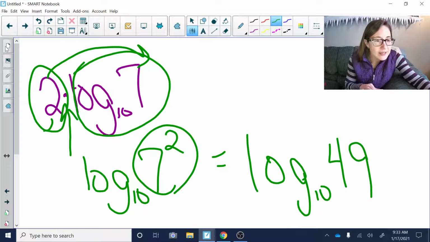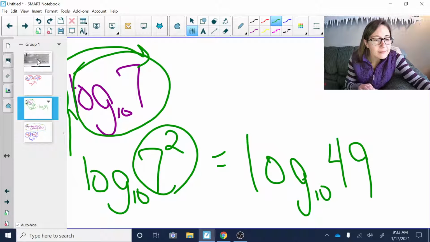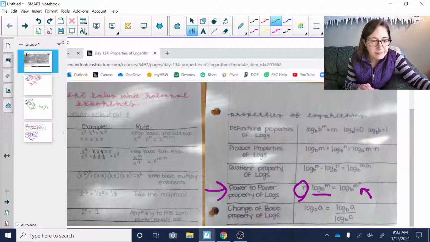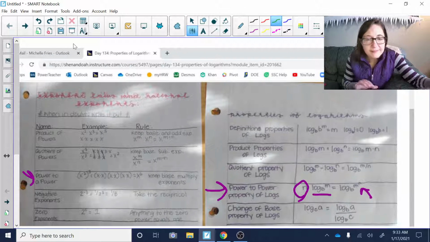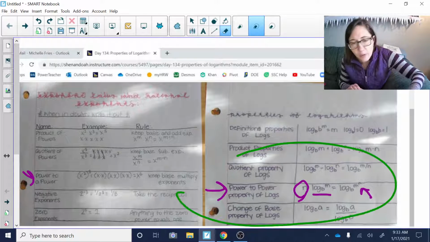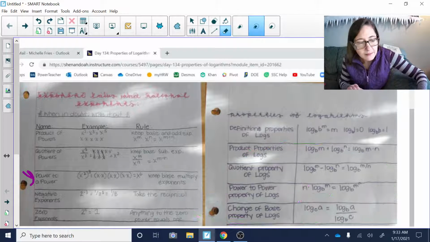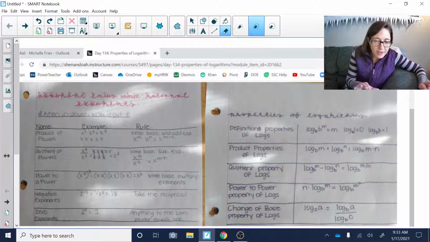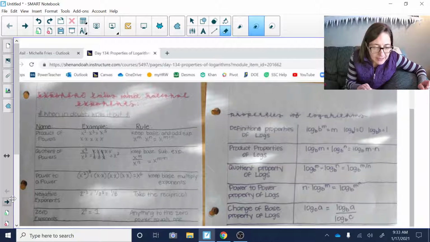Okay, let's see what the next one is. Okay, so the next one is negative exponents.